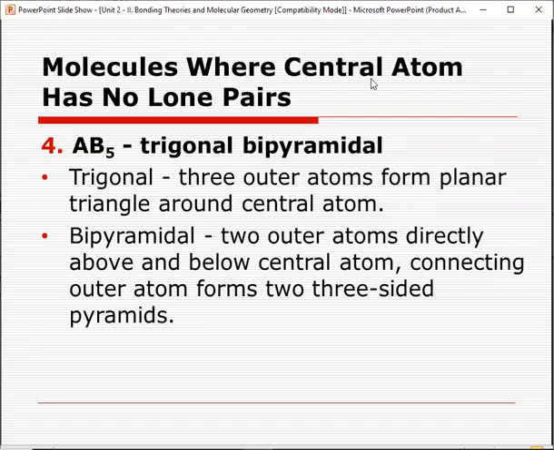For AB5, the geometry is trigonal bipyramidal. Trigonal means three outer atoms form a planar triangle around the central atom, and bipyramidal means there are two outer atoms directly above and below the central atom. Connecting the outer atoms forms two three-sided pyramids.